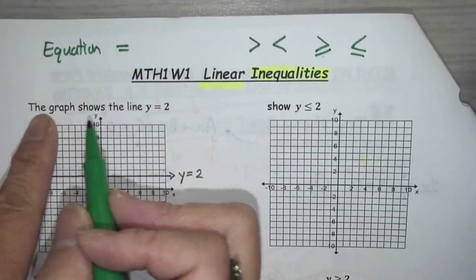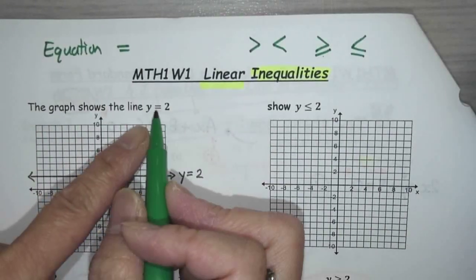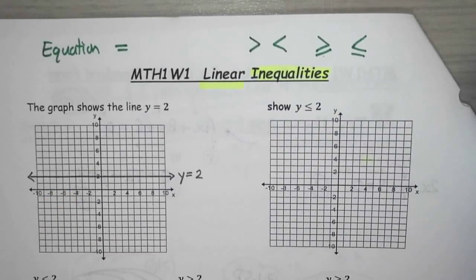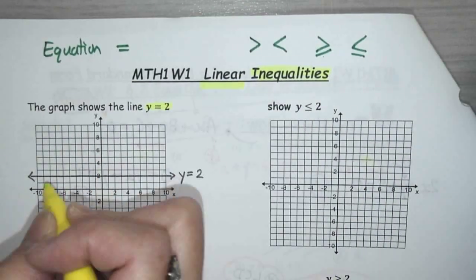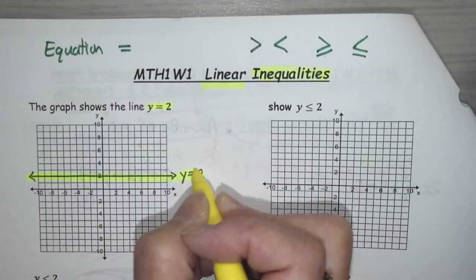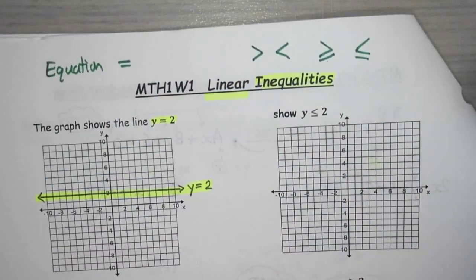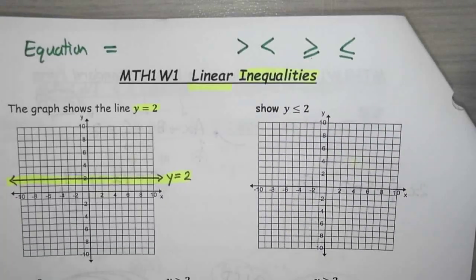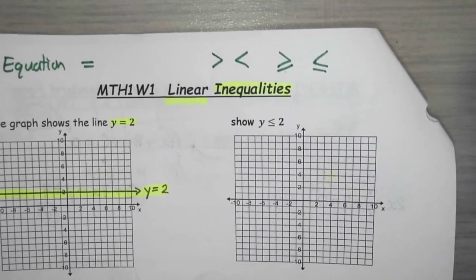So for this one here, this graph shows the line y equals 2. This line here is y equals 2 right there. So let's read this together.